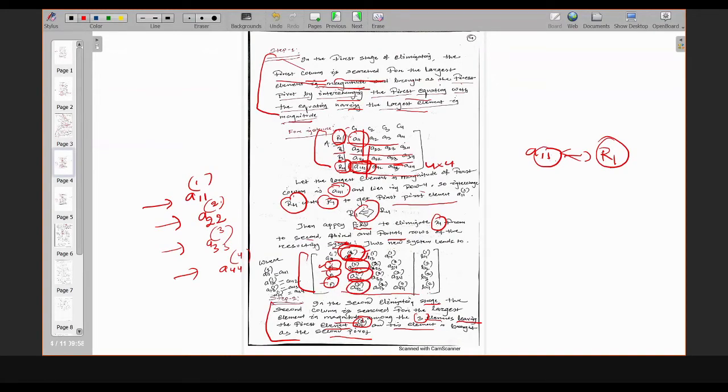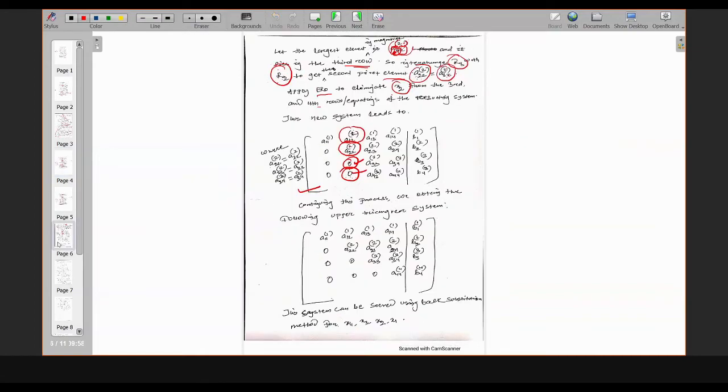So after interchanging rows, you apply operations to make the elements 0. Now you see this system is still not an upper triangular system.